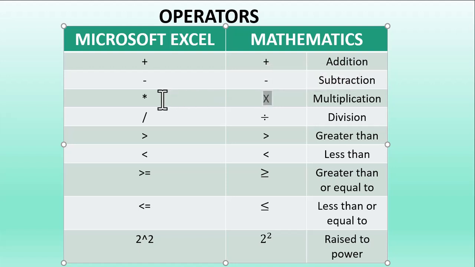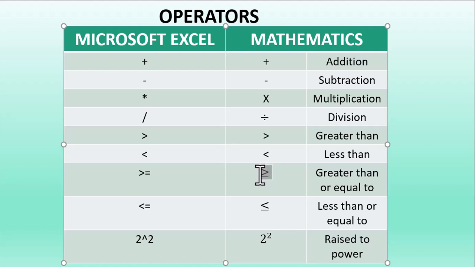Now, because we don't have the actual figure or the actual value in the keyboard, we use asterisk. Asterisk can be gotten from pressing the keyboard combination Shift and 8. Shift and 8 on the keyboard. Then the division sign, which is this, is now forward slash because we don't have this sign on the keyboard. The greater than sign is still greater than sign. The less than sign is still less than sign.